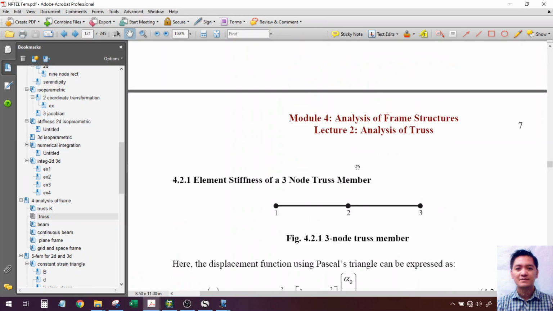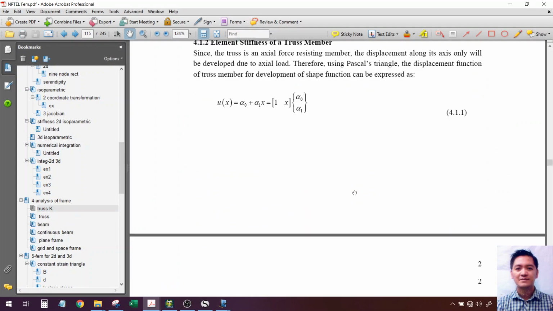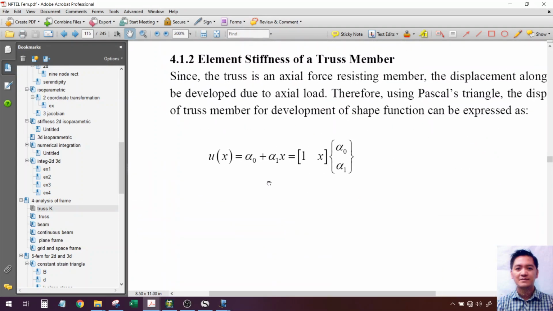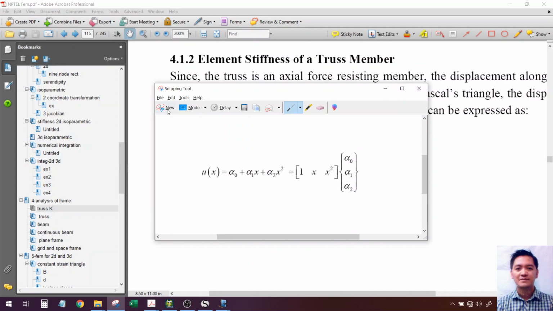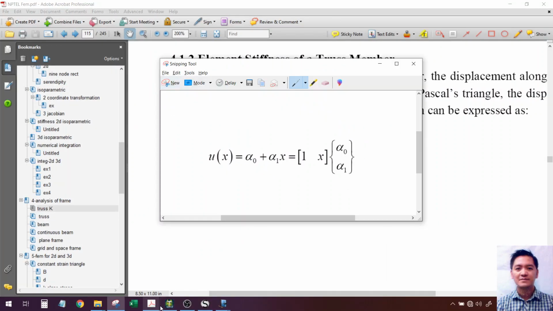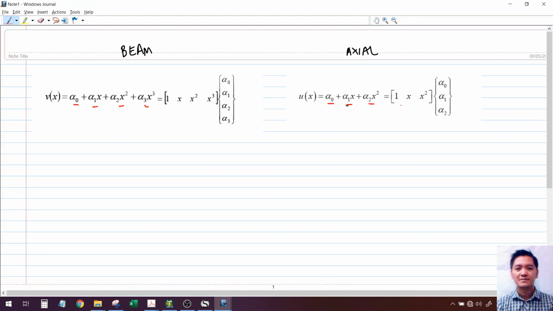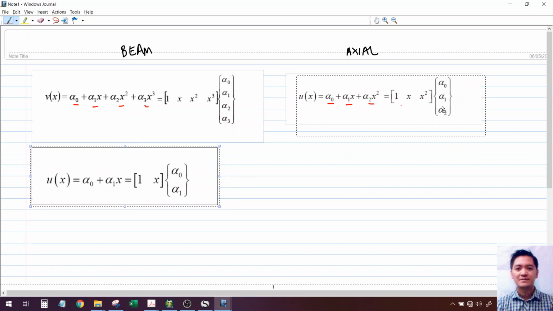Ay, sorry. That is 4. Three nodes dyan, tayo is 2 node lang. Yeah, it should be.